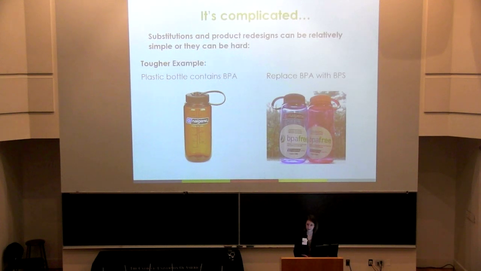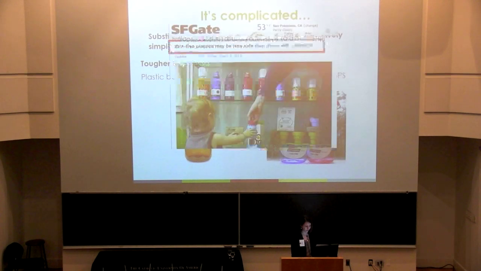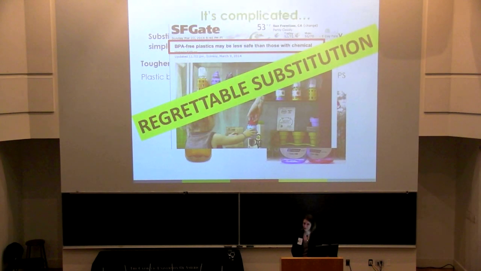And now BPA has been often replaced with something called BPS, which is bisphenol S. Now, if you saw the recent news headlines, as it turns out, perhaps BPA-free plastic is less safe than those that contain BPA. So this is what we call a regrettable substitution, in which perhaps science has not advanced to the point where we've actually tested every single chemical we may be replacing one with.